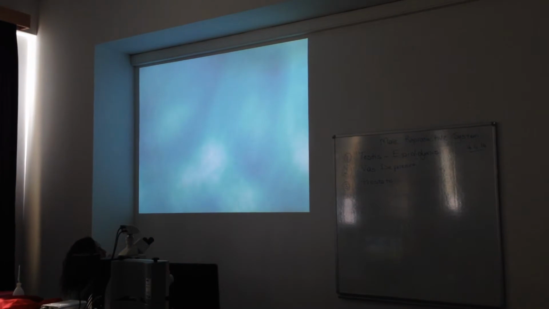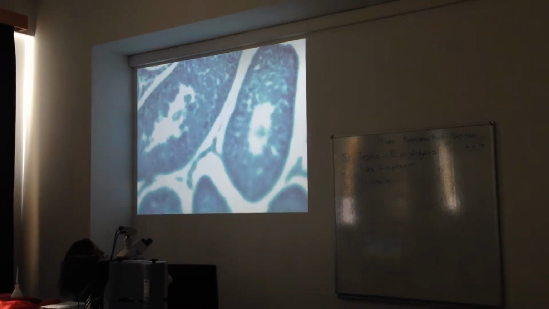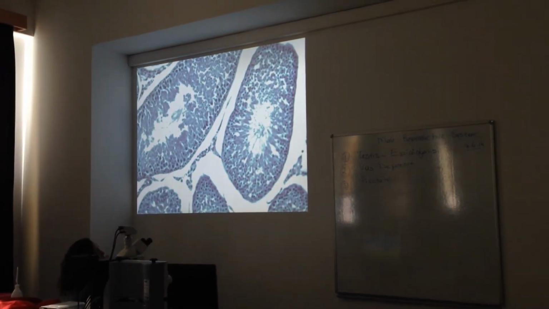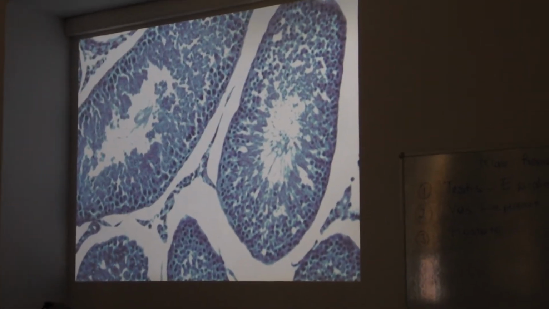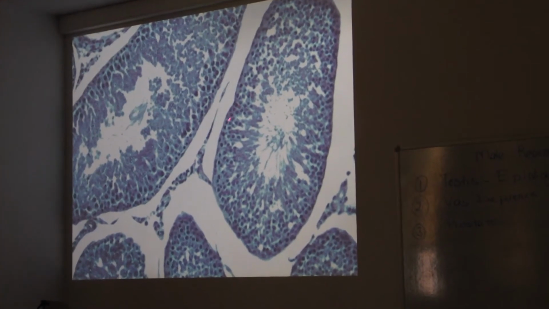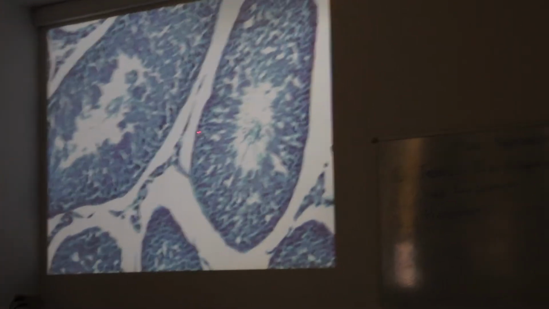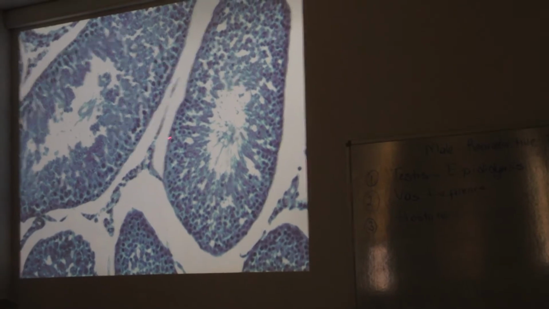Here is one seminiferous tubule. One, another one, and another one. At the base of the tubule, there are spermatogonia.